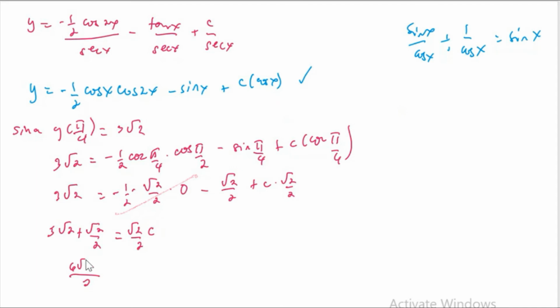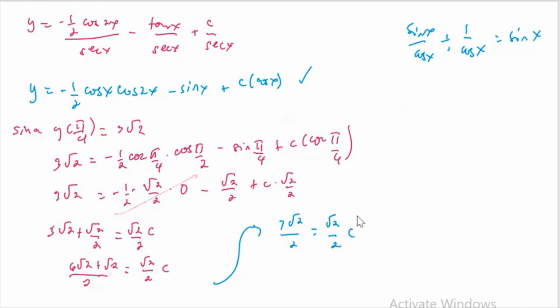We have 6 square root of 2 plus 2 divided by 2 is 1 times square root of 2. So simplifying further on the left hand side, we have 7 square root of 2 over 2 is equal to square root of 2 over 2 times c.